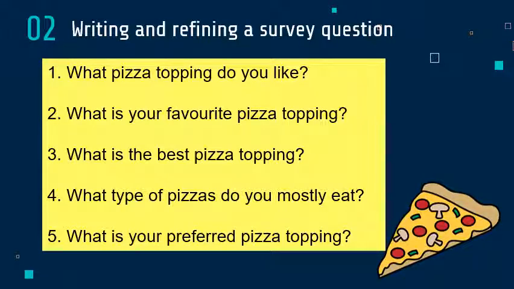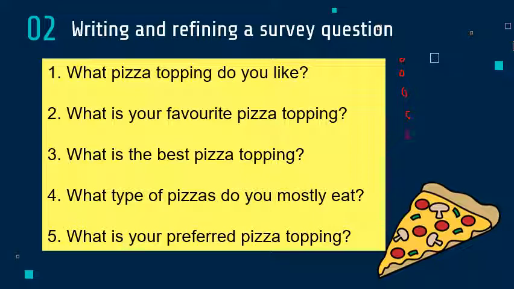Okay, now we've looked at this idea of having a survey question or a research question. So that's something you want to get data about to answer a situation or help inform your decision. So let's say in this situation, there's a teacher and they're ordering pizza for their class because they're having a pizza party. And they have 5 different types of pizza available to them.